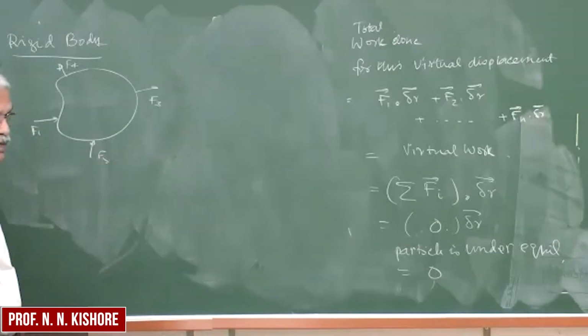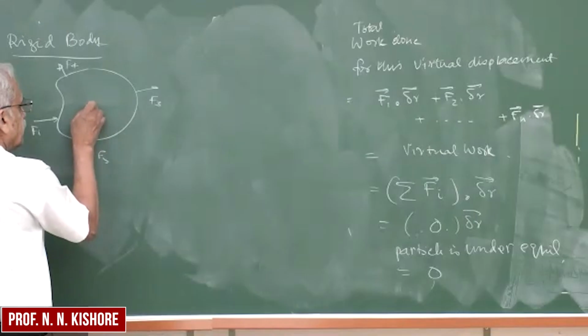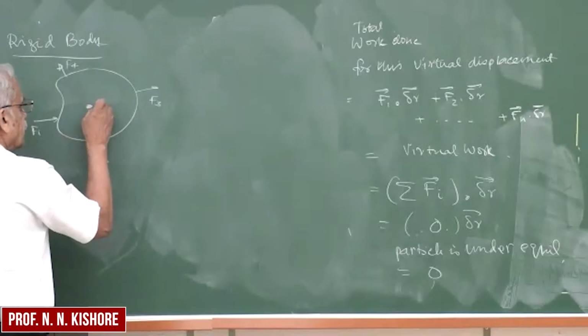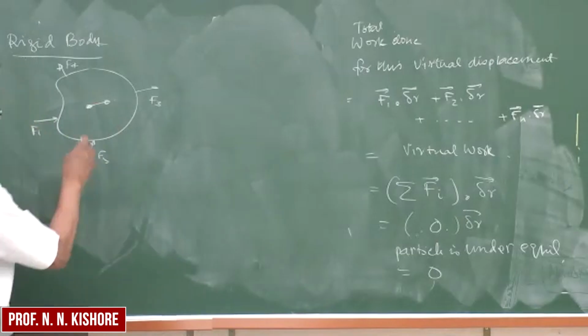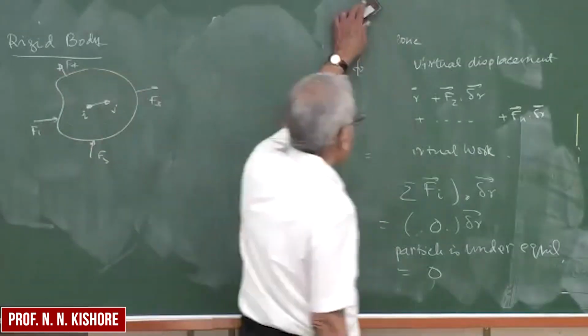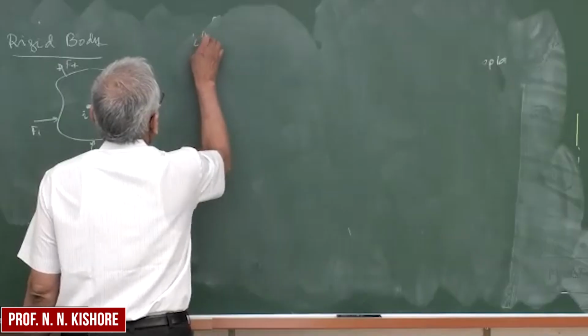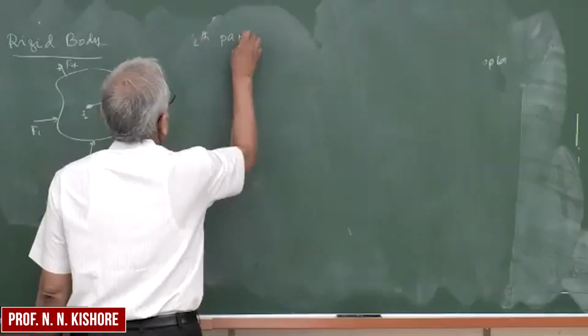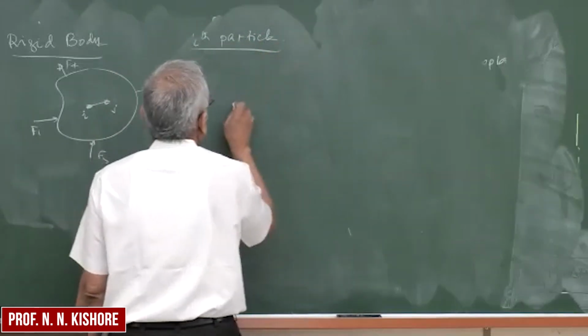Since it can be applied to a particle, the way of applying it to a rigid body is that you take two particles here, say I and J. If this can be applied to, say, the ith particle, so if you look at the ith particle, it is under equilibrium.